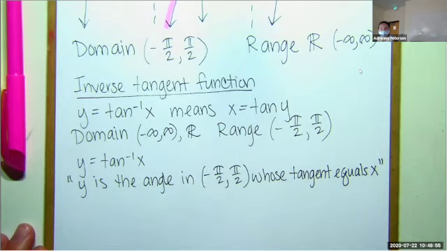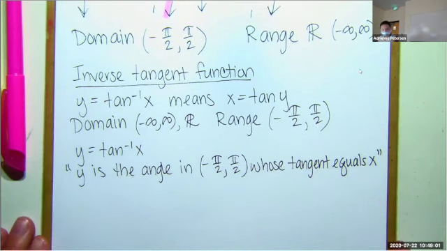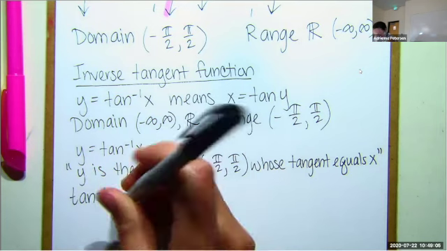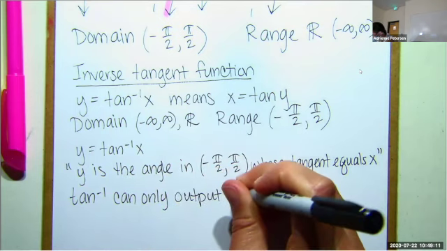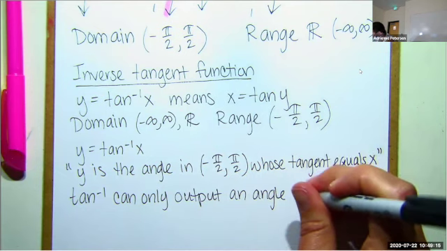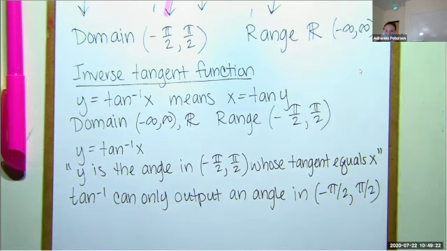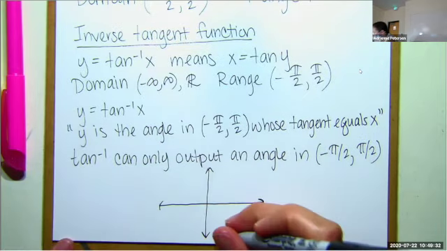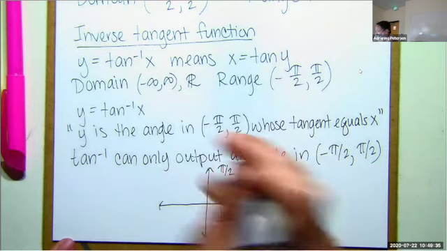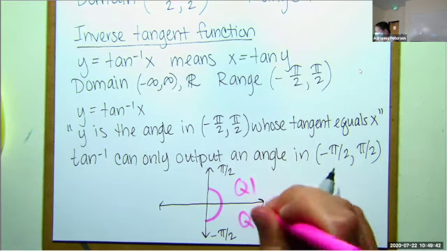The important part here is that inverse tangent can only output an angle in -pi/2 to +pi/2. So again, looking at a picture of this, here's -pi/2, here's +pi/2. Inverse tangent has to return something in between -pi/2 and +pi/2, so that's quadrant 1 and quadrant 4.